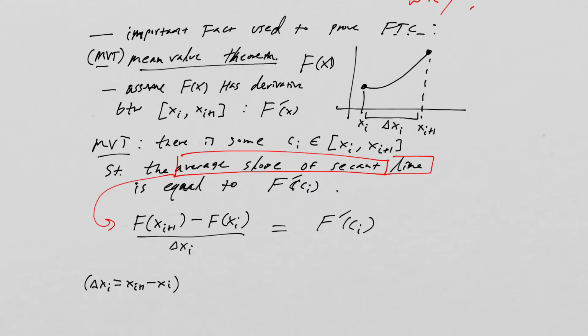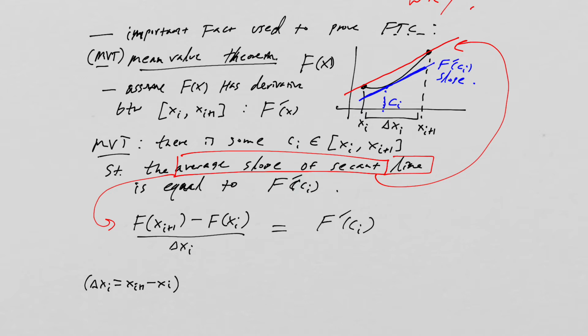And that is equal to f prime evaluated at some point. If I write out that secant line in red, there's some value, I think right about there, that I'll call ci. If I look at the slope of the tangent line at that point, which is f prime of ci, that will be exactly the same number.